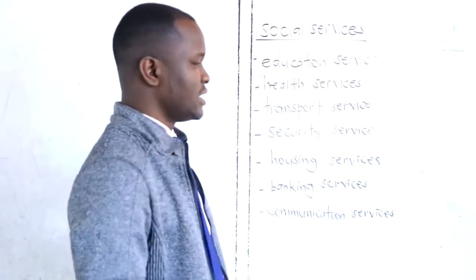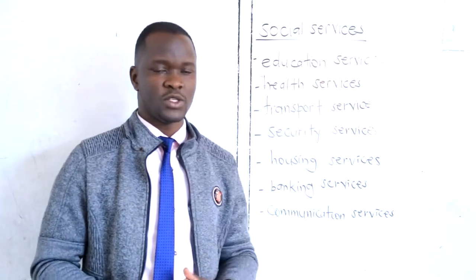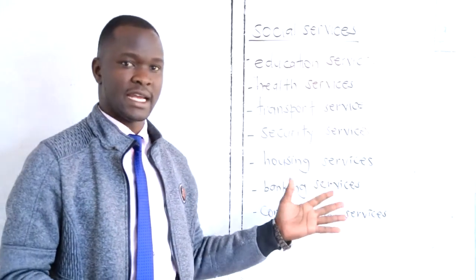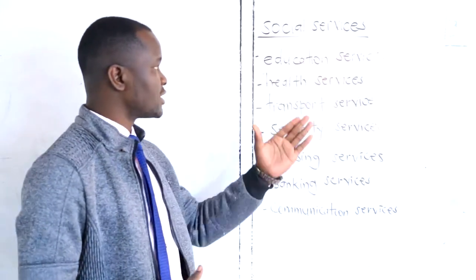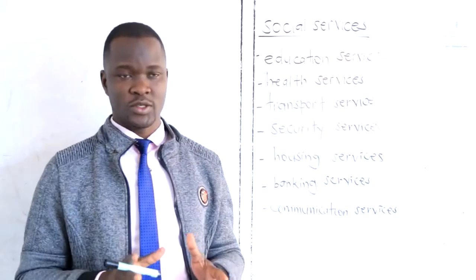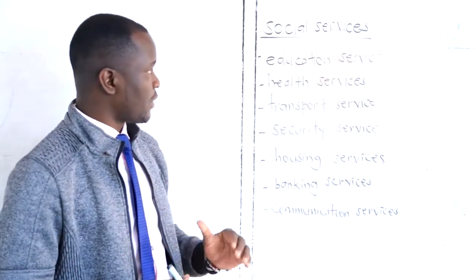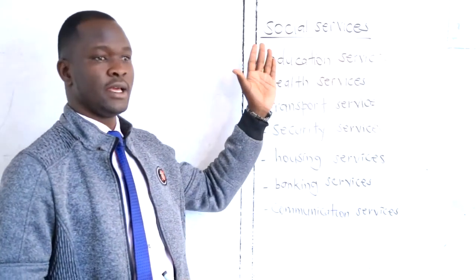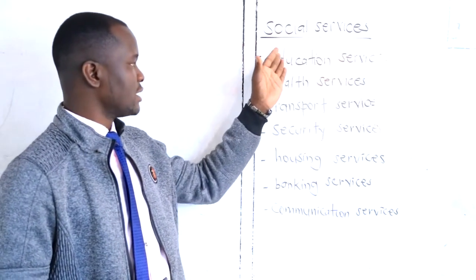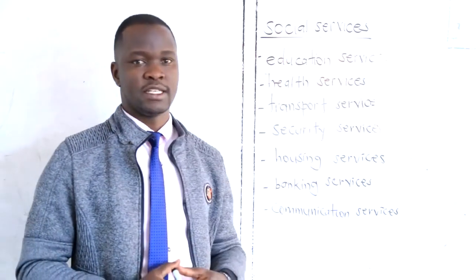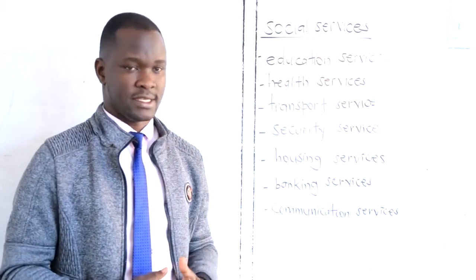These social services, we must have also learned them in our primary 3 class. So when we talk about social services, it is not something which is very new to us. That's why I want us to first of all understand that we are going to be looking at these social services that people in our district access.